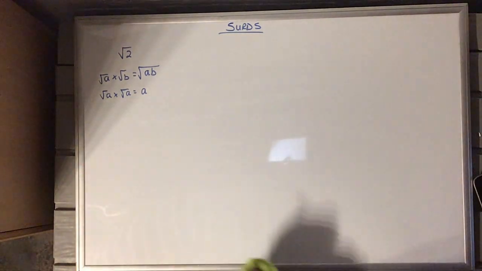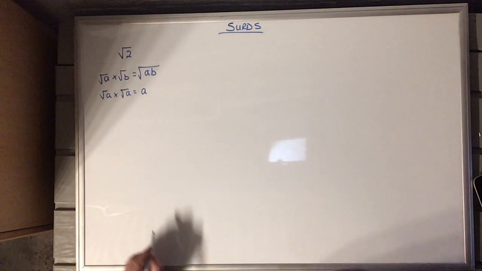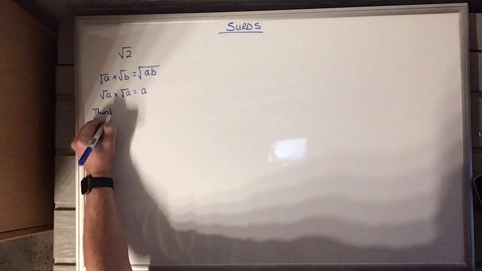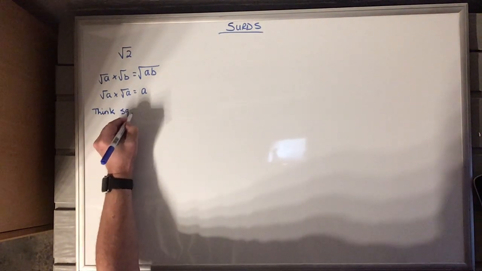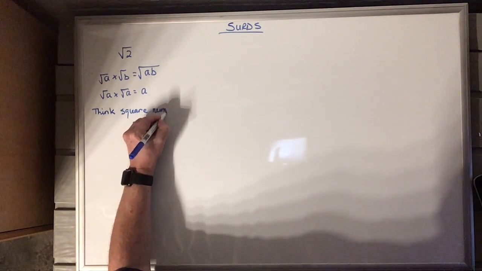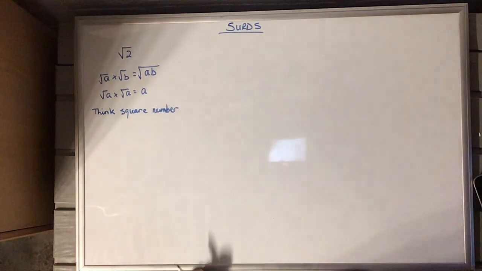And to simplify surds, it's all about square numbers. Okay, so think square numbers. Now square numbers are 1, 4, 9, 16, 25, 36, 49, 64, 81, 100, and it goes on and on.